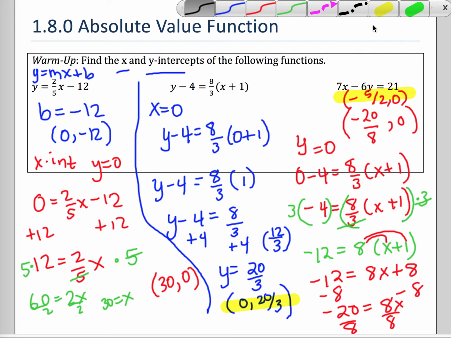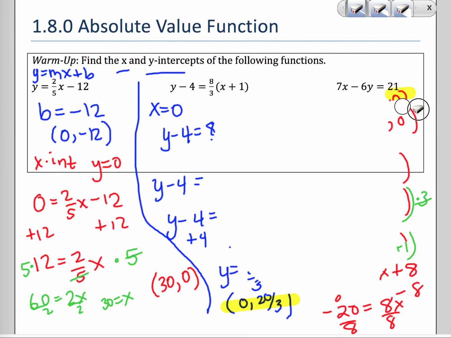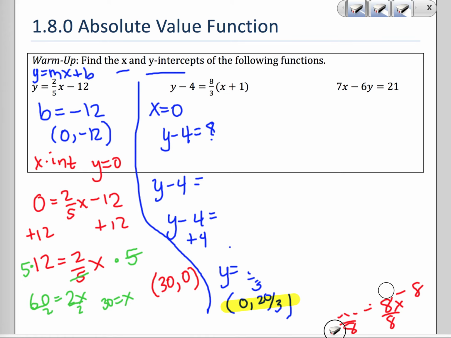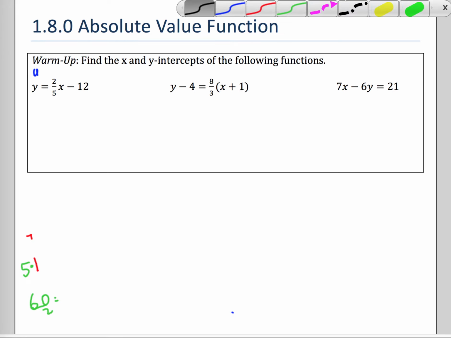We're going to erase a little bit here and try over. All right, what do you want to start with, Bella? Let's start by finding the x-intercept. To find the x-intercept, I set y equal to 0.